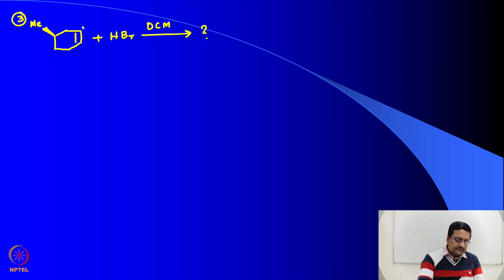So here we have two carbon atoms, C1 and C2. In terms of the stability of carbocation, the compounds which I am drawing have the same amount of stability.